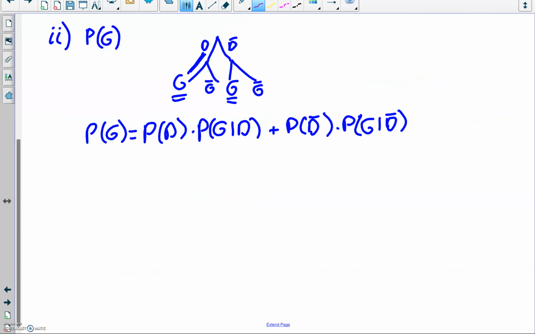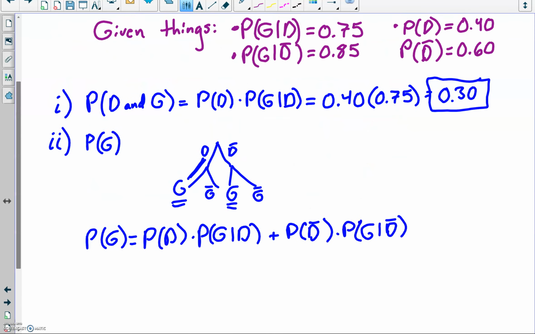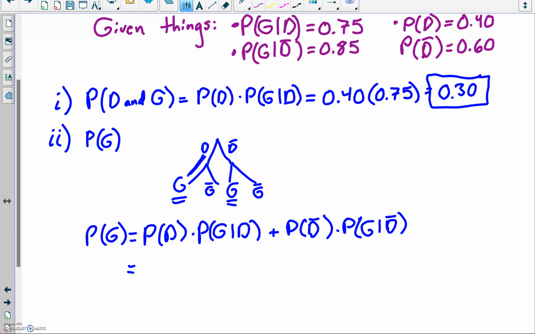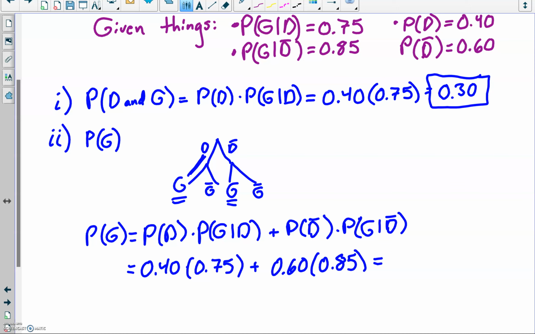So coming down here then, back to what we got, I can start plugging these in, and we'll get the dry is 0.40 times the probability of germinating when it's dry, and that's going to be times 0.75. And then plus not dry is 0.6 times the probability of germinating when it's not dry. We'll do 0.85. And then you just need to work that out. We know the first part from part I, and that's going to be the 0.30.